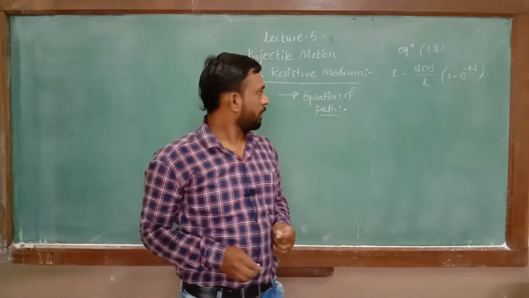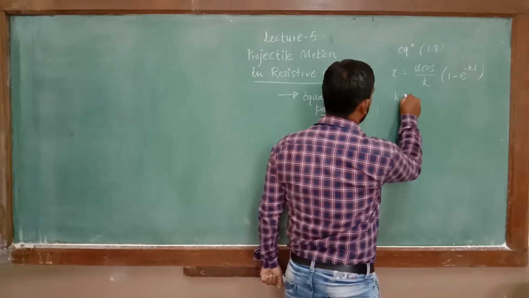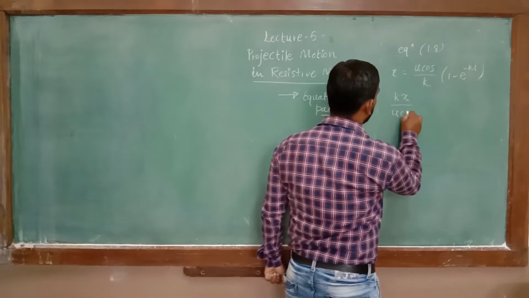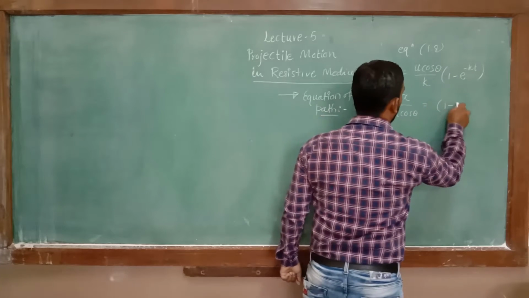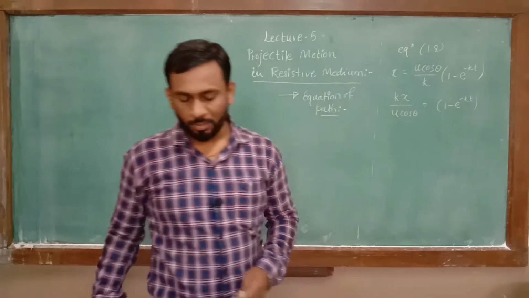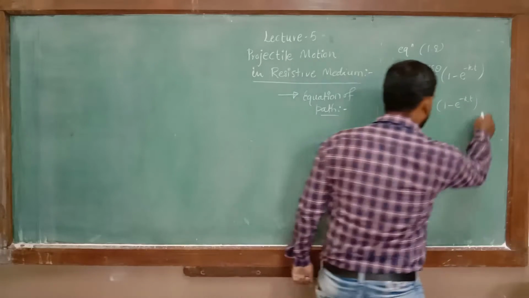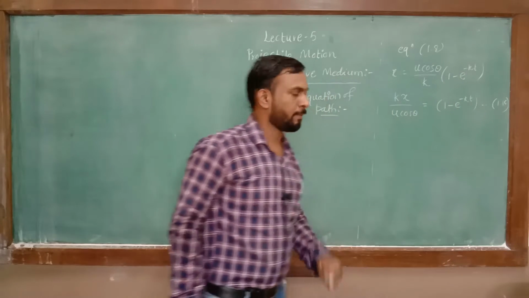Restructure this equation: kx / (u cos θ) = 1 - e^(-kt). Let's say this is equation number 1.16.